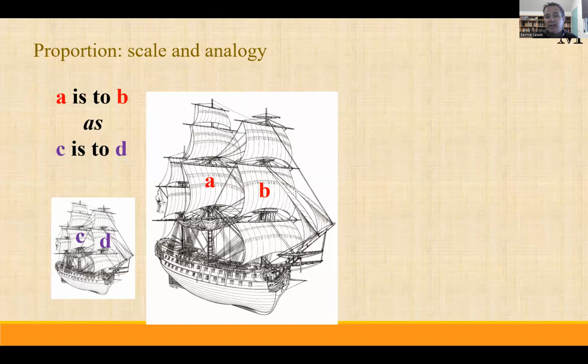You might say this is double that, or this is half that. And we talk about a proportion where we say this is to that as that is to that. So A is to B as C is to D.